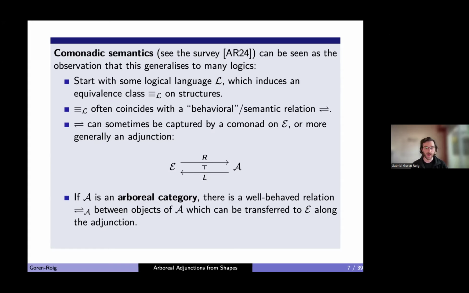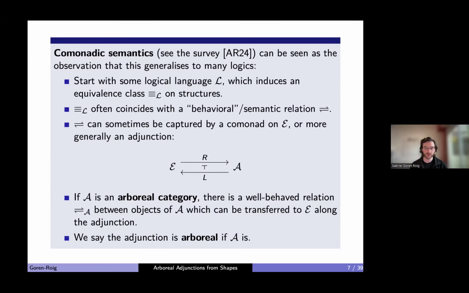How? Well, every arboreal category has a bisimilarity relation between its objects, which is well behaved in different ways. And using the adjunction, we can transfer this relation to speak about objects of the extensional category.